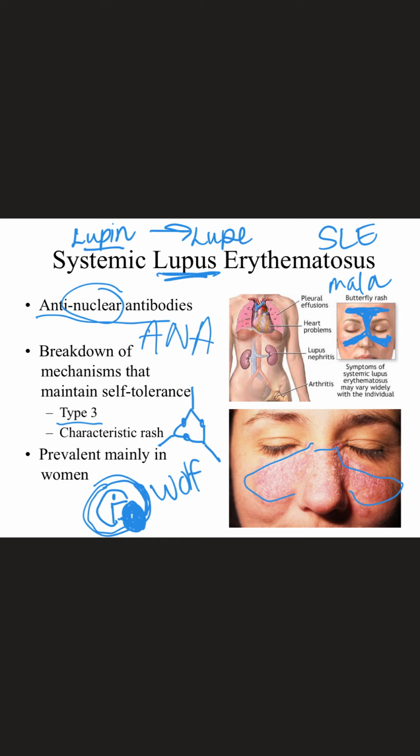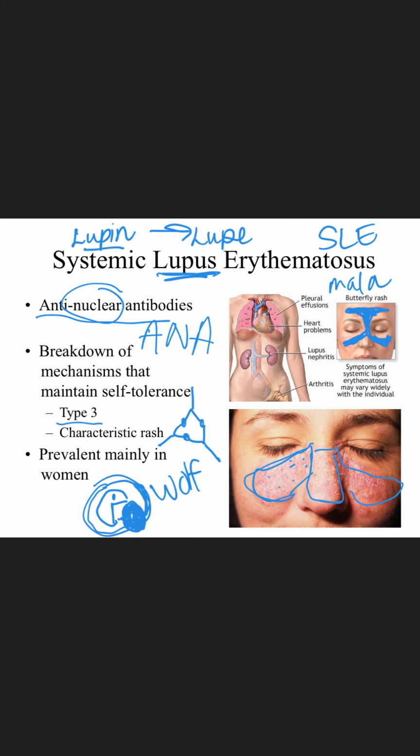You see this being one of the driving factors behind this red, wolf-like or butterfly-like rash. You can imagine, and you can even see this redness here, if there is destruction of the microcirculature, you'll get bleeding and redness out into the area.